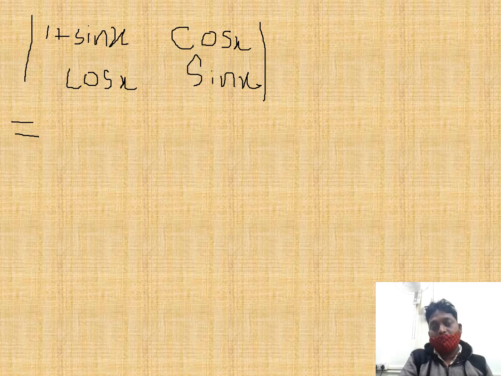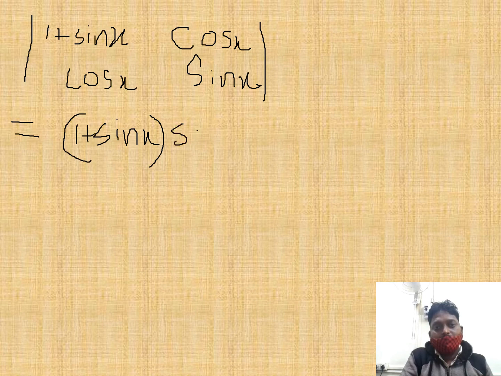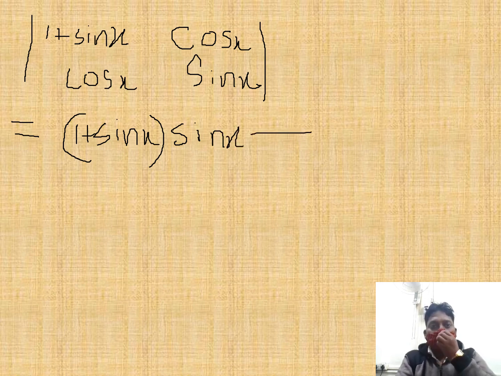Just use that formula: A into D minus B into C. It becomes 1 plus sin x, whole, into sin x, then minus cos into cos, which is cos square.